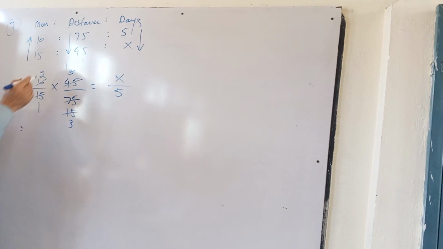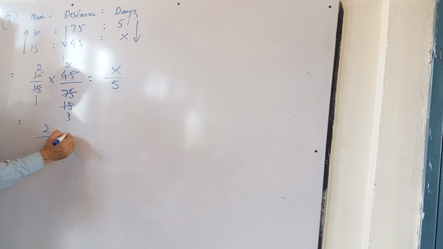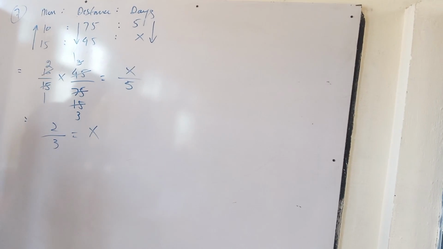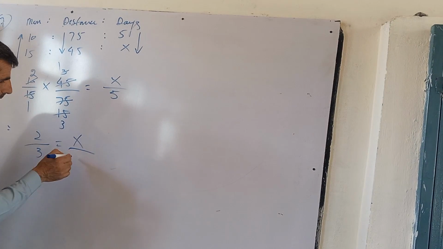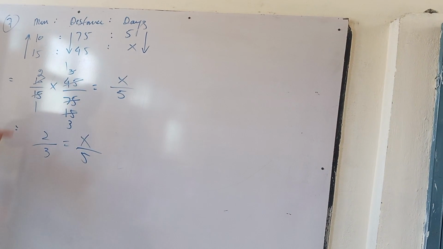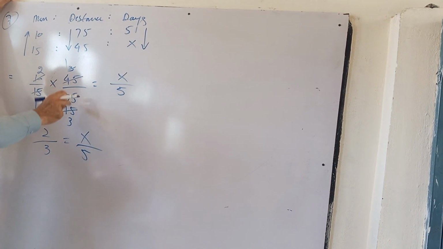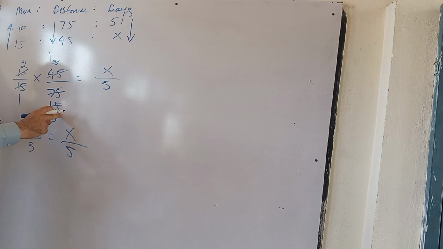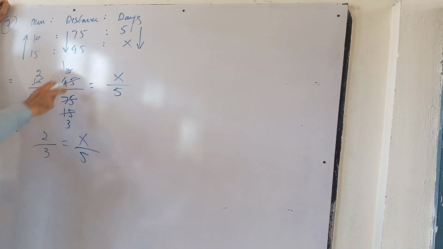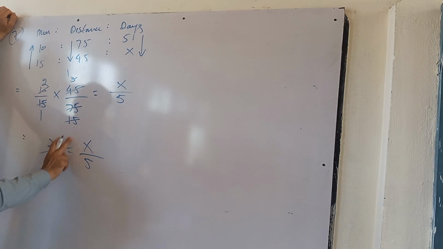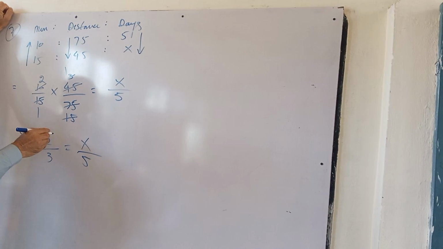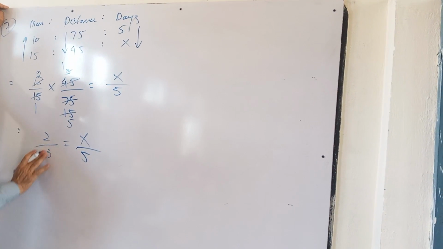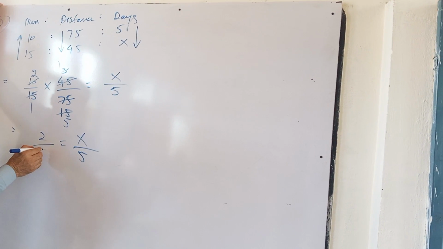Now it is equal to 2 over 3 equals x over 5 was 45 over 75 reduced to 3 over 5.